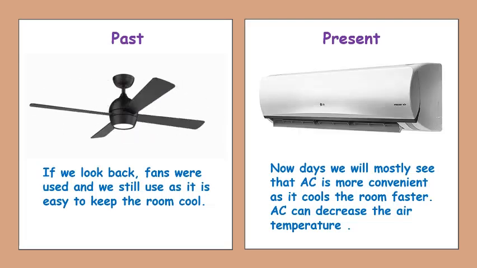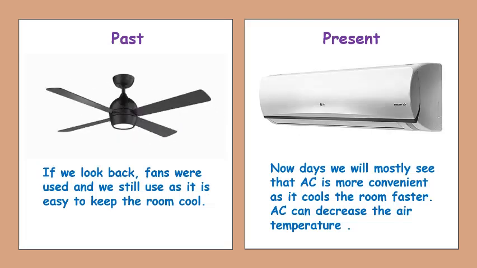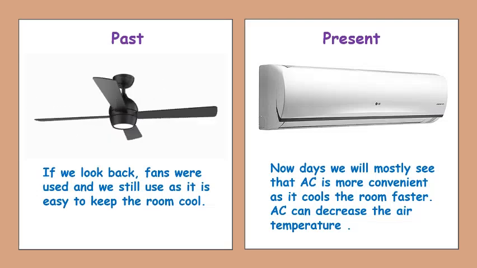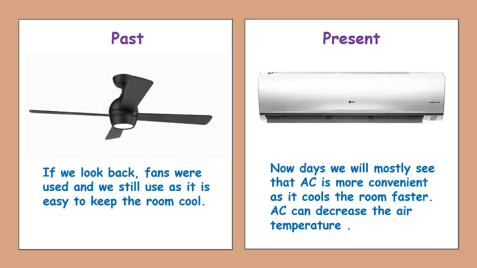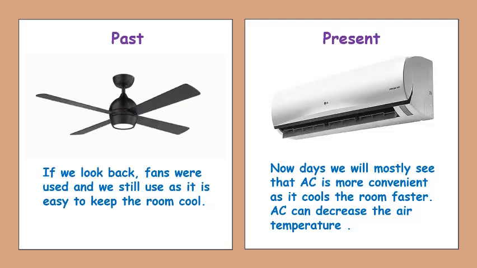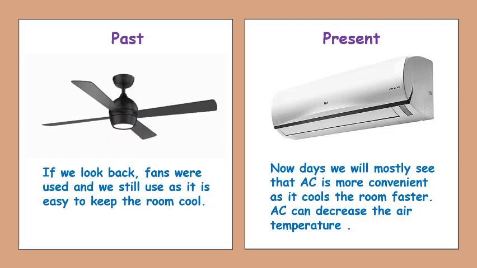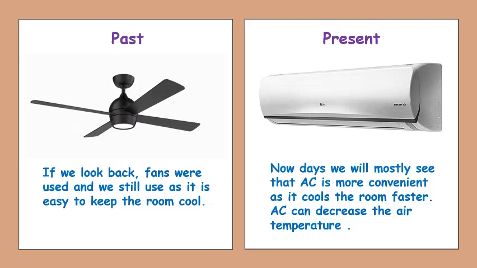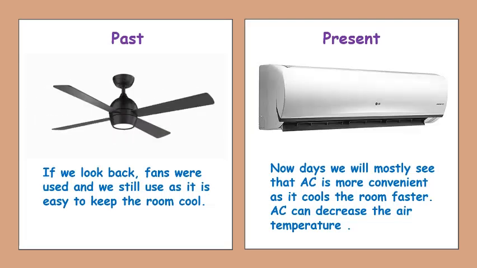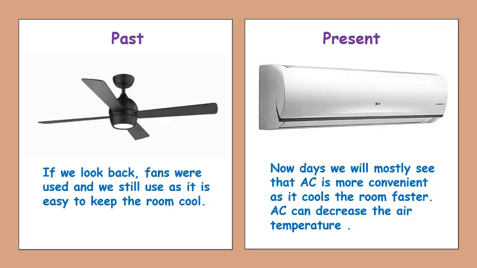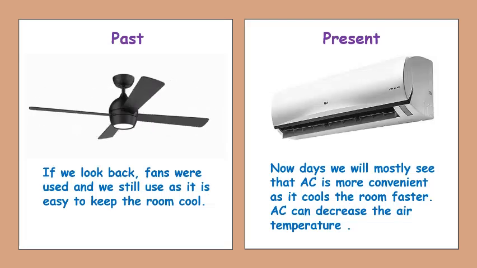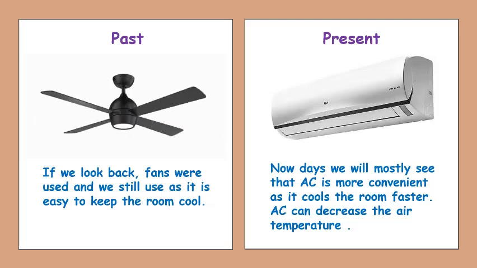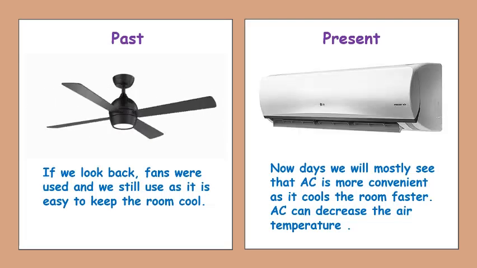Nowadays, we will mostly see that AC is more convenient as it cools the room faster. AC can decrease the air temperature. And you know, children, in UAE, in all the houses we can find AC because UAE is a hot place. Yes, it is a desert, right? Most of the time in UAE, we feel hot.